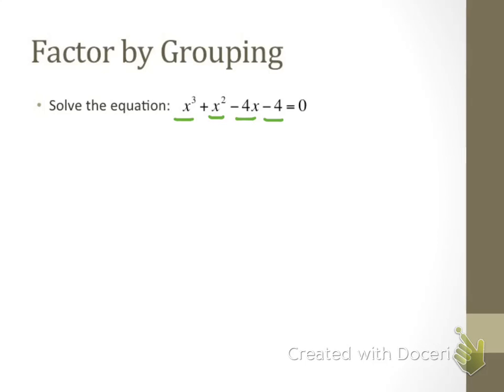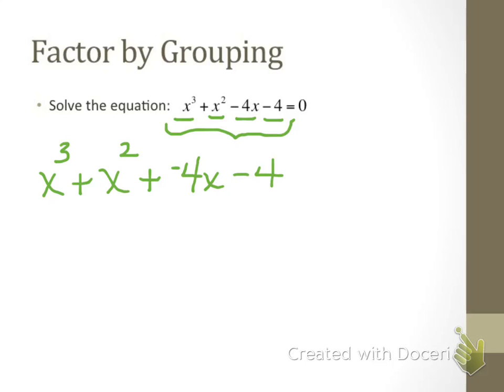And grouping works best when you have 4 terms in your polynomial. So we have our x cubed plus x squared. The next term is minus 4x. I'm going to change that to plus a negative 4x, and then the minus 4 equal to 0.